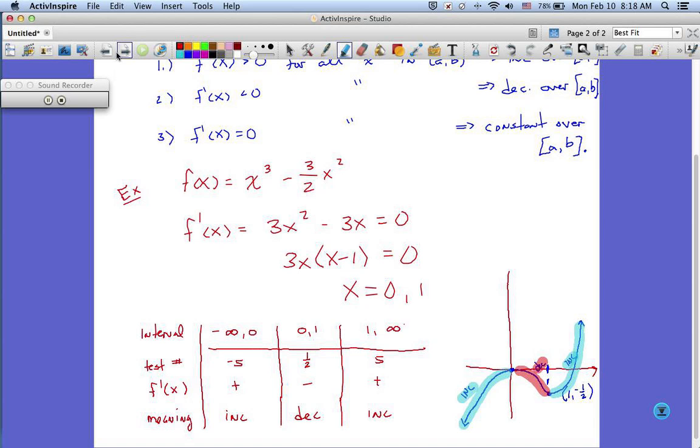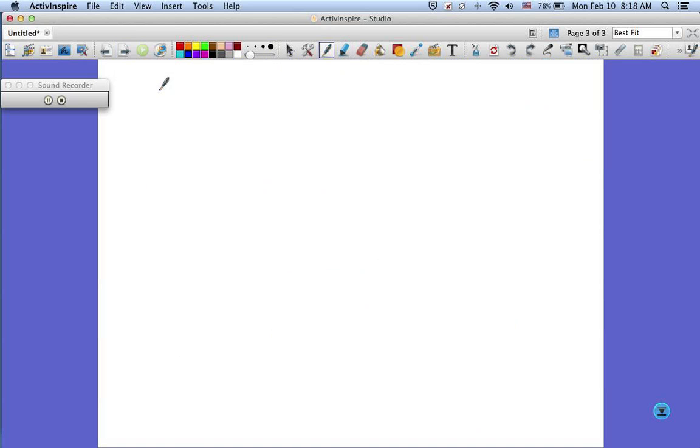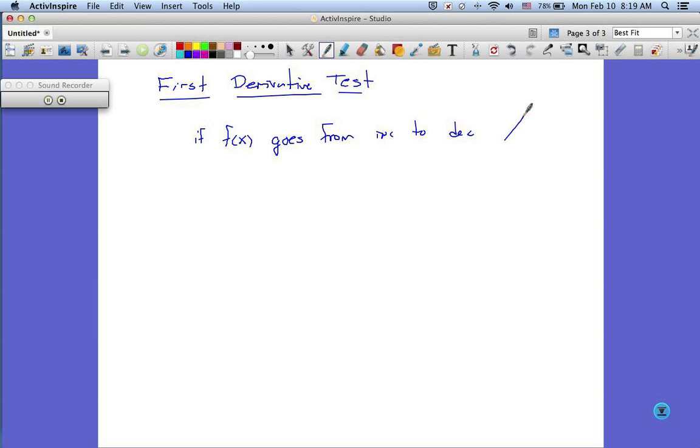One last piece to talk about here is the first derivative test. The first derivative test simply states that if f of x changes, goes from increasing to decreasing at x equals c, then we have a relative, what do you think there?